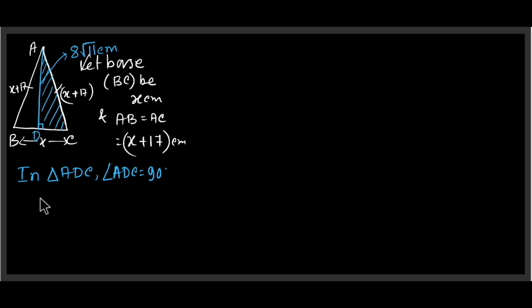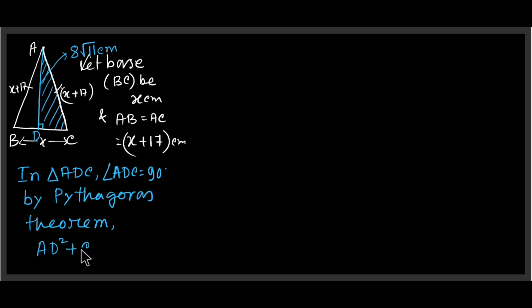So we can say by Pythagoras theorem that AD square plus CD square equal to AC square, and clearly we know that BD is equal to CD. So CD must be x by 2 centimeter.